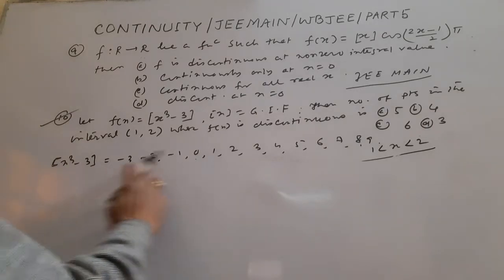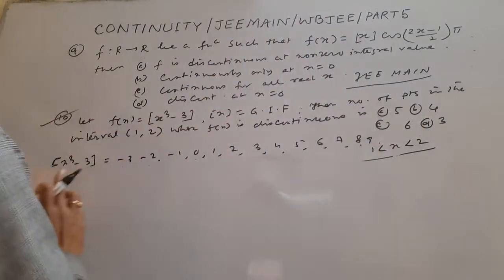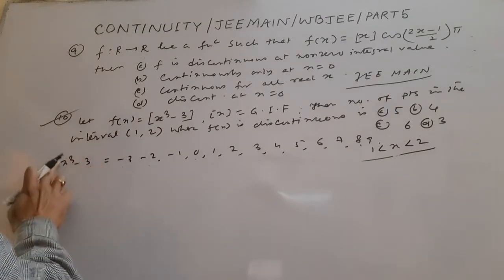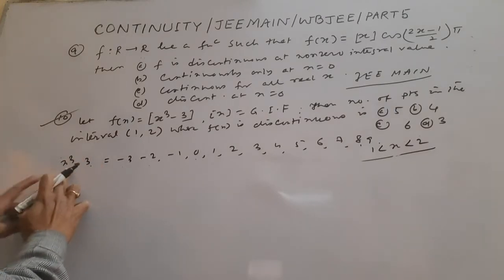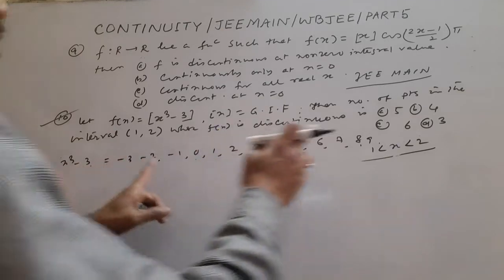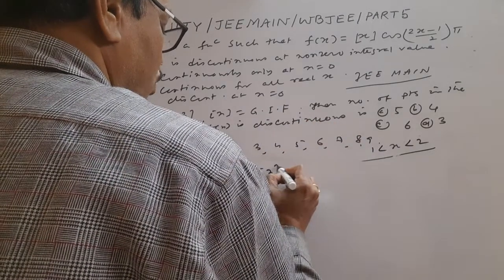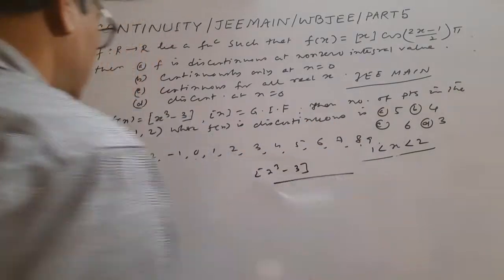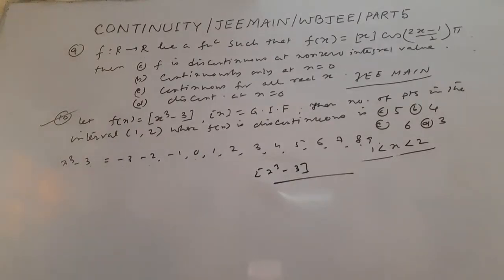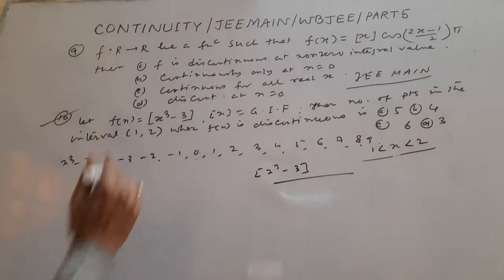So x cube minus 3, if value is integer, then third bracket x cube minus 3 is not continuous.